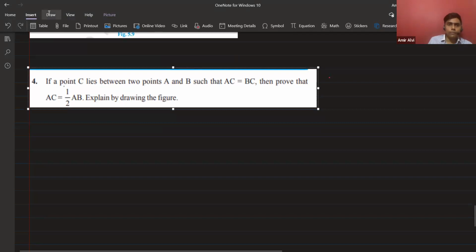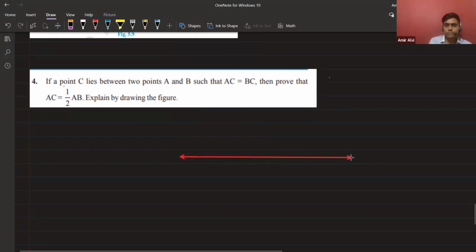Simran, suppose let me take one line here. The question is saying that this is a line. A and B are points such that AC equals BC, and C is a point lying on the line. So this is A, C is there, and B is there. Given is AC equals BC.